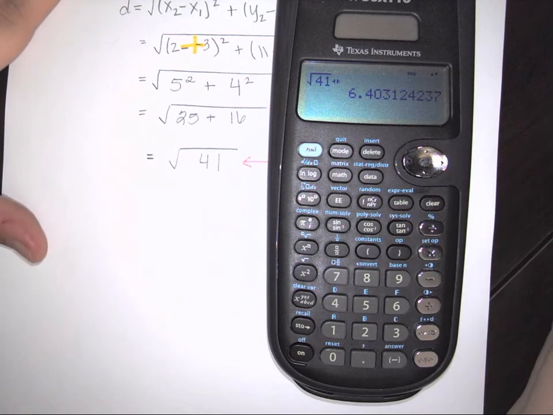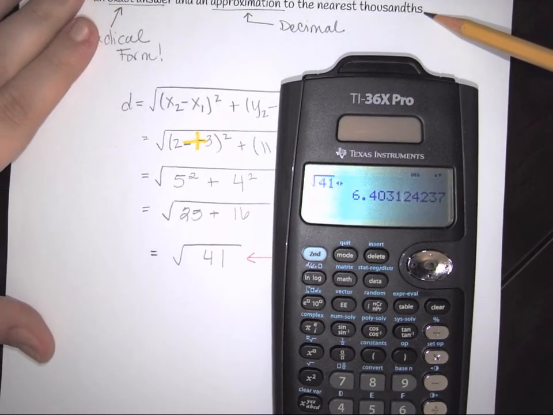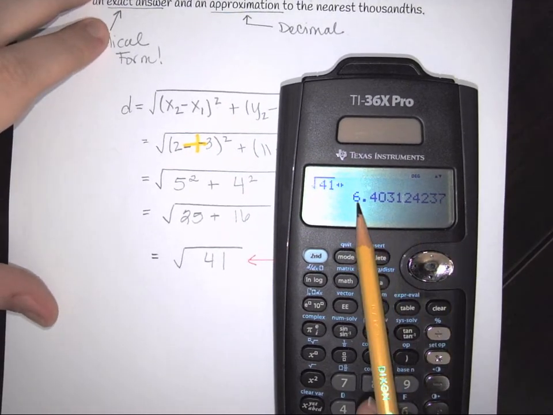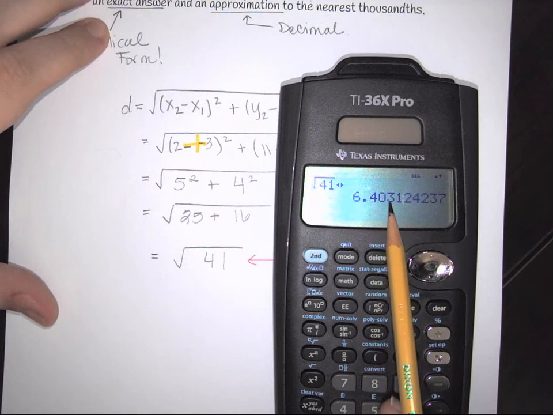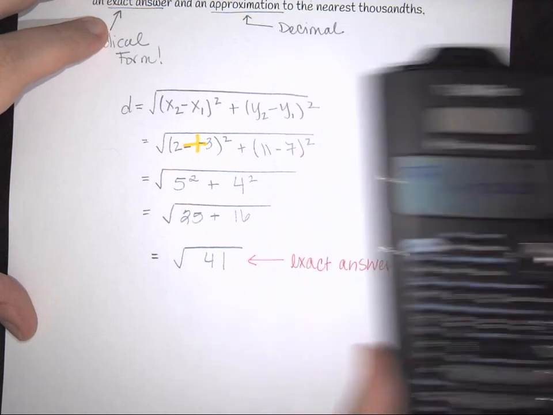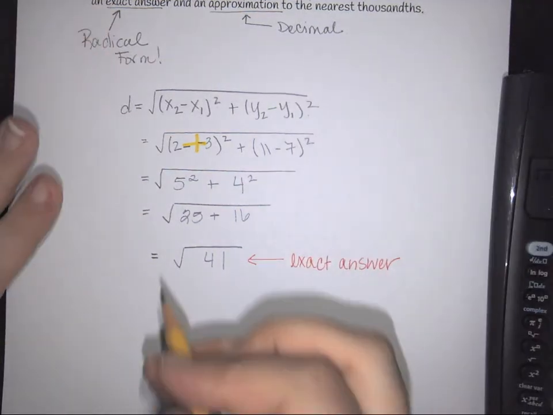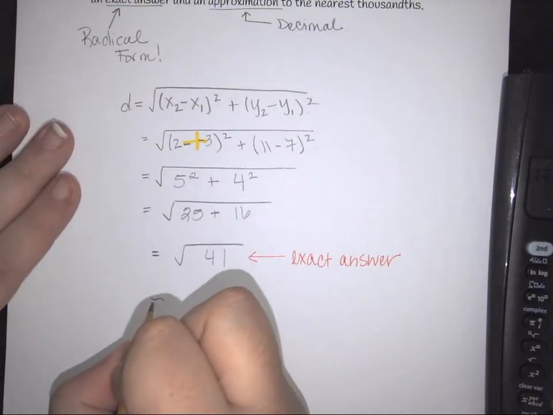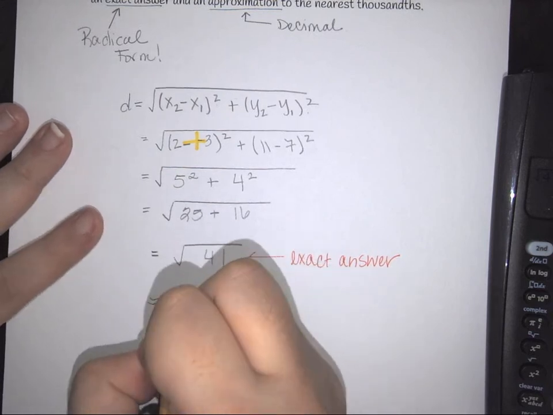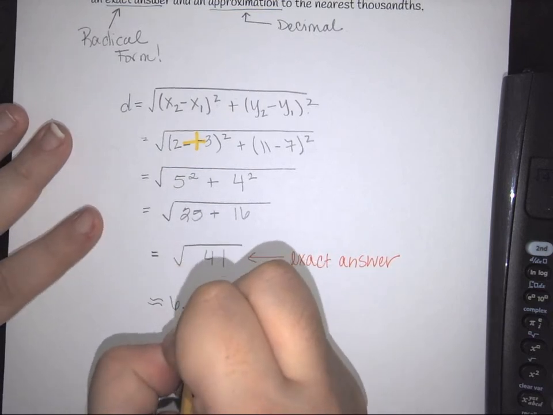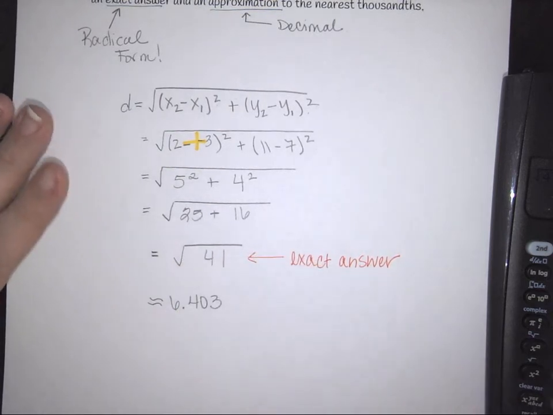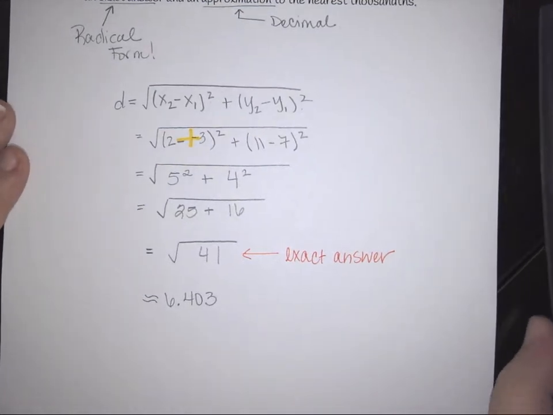Now here we want the nearest thousandths. Thousandths is 3 decimal places, so you would count 1, 2, 3, and thus that 3 stands in your thousandths. So here my approximate answer would be the little wavy lines, and then we have 6.403, and that's your approximate answer.